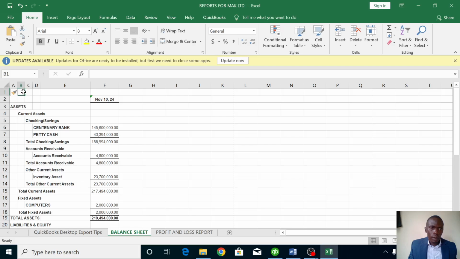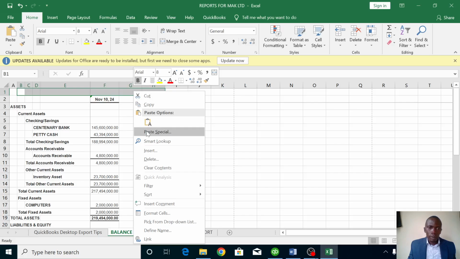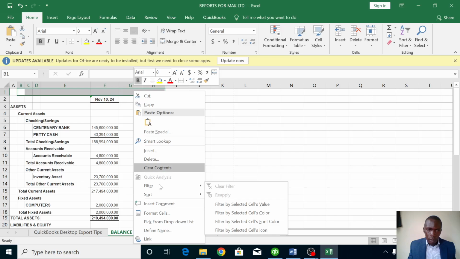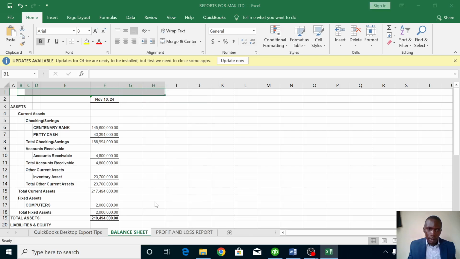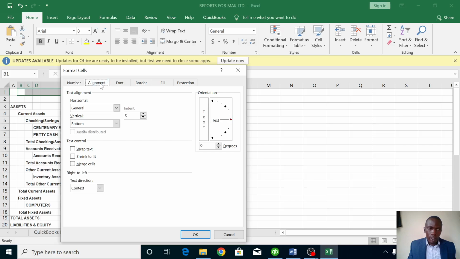We are going to merge these cells like this. We go to format cells, go to alignment. We are going to center them. Here we center. So we are merging cells, so we are okay.